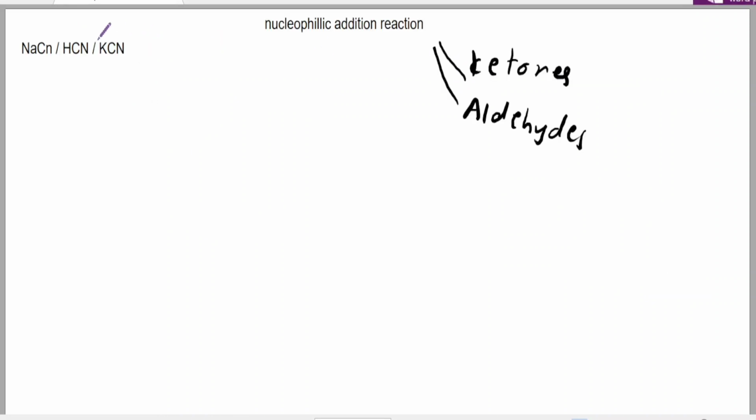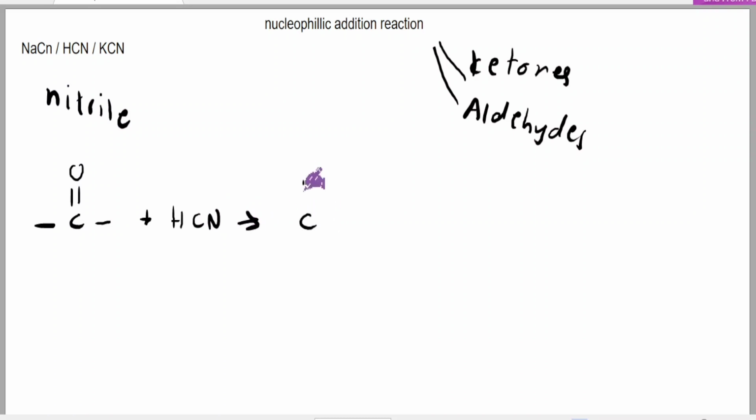Now, aldehydes and ketones react with NaCN, HCN, and KCN to make a nitrile as a product. Why? Because all of these three have the cyanide ion as the common ion. So, any aldehyde or a ketone will react with, let's say, HCN to give you a C-OH and a cyanide ion.